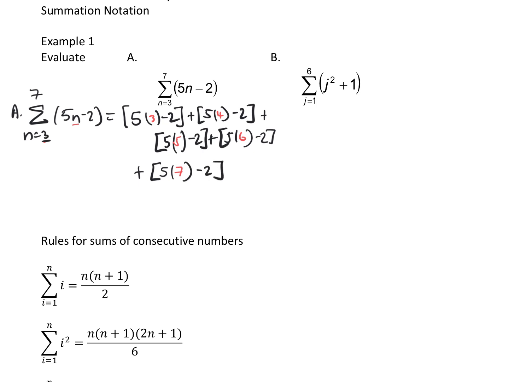Okay, so again with this, I'm going to go from 3 to 7, so that's why I stopped. And so now I've got to take each of these and figure out what my solution is.